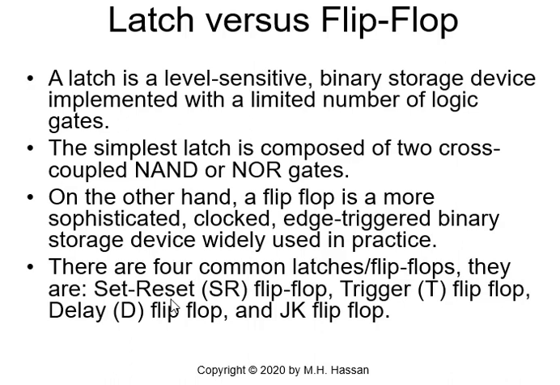The simplest latch is composed of two cross-coupled NAND or NOR gates. On the other hand, a flip-flop is more sophisticated, a clocked, edge-triggered binary storage device widely used in practice, and often a flip-flop is called master and slave. It has a master unit and a slave unit. They work together to give me a very stable flip-flop.